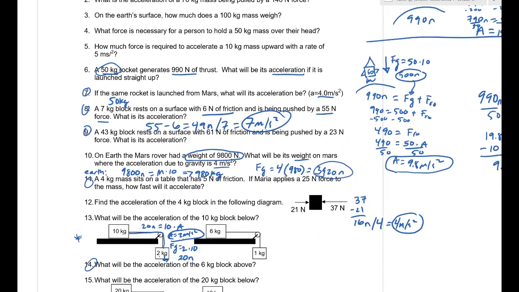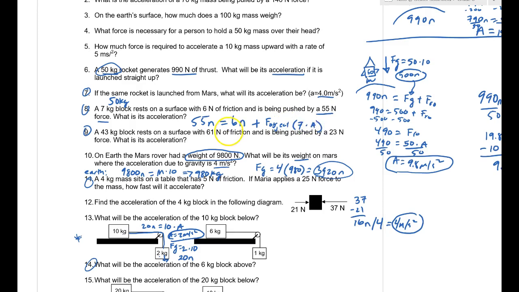So what we're seeing, I'm going to erase this, because I'm going to show it a little bit differently, is here's our total force, 55 newtons. It's going to be equal to the force of friction, 6 newtons, plus the force actually exerted on the block. So the force of the object, which is going to be 7 times whatever its acceleration is.